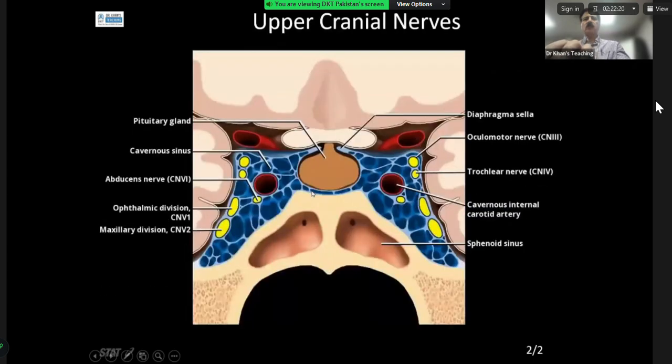So these are the nerves of interest today. And just to make a point, repetition, that these are the nerves which pass through the cavernous sinus. You know, of course, the oculomotor, the third nerve, third and fourth, we did not mention because they come out at the midbrain level. Then, of course, the other V1 and V2 and the sixth nerve.